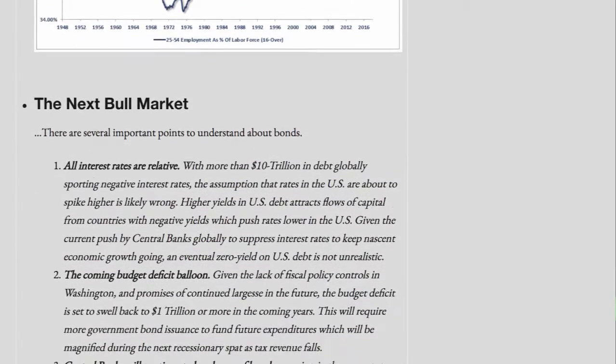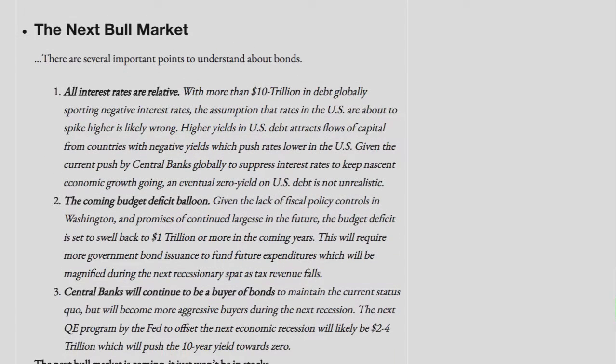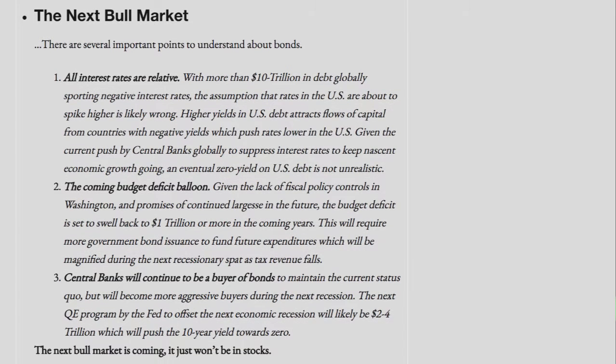The next bull market. There are several important points to understand about bonds. 1. All interest rates are relative. With more than $10 trillion in debt globally sporting negative interest rates, the assumption that rates in the U.S. are about to spike higher is likely wrong.